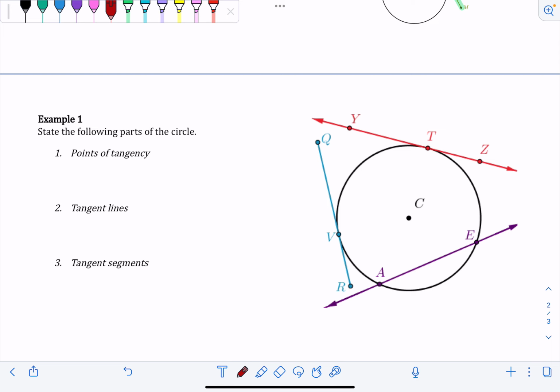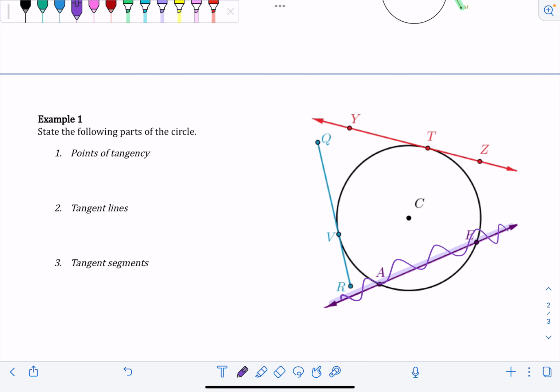It's going to be tempting, for example in this case, it's AE. But that line is not tangent because it doesn't only cross through at 1 point, it crosses through at 2 points. So we would completely disregard that line. Again, a tangent touches at 1 point on the circle and never comes inside the circle.